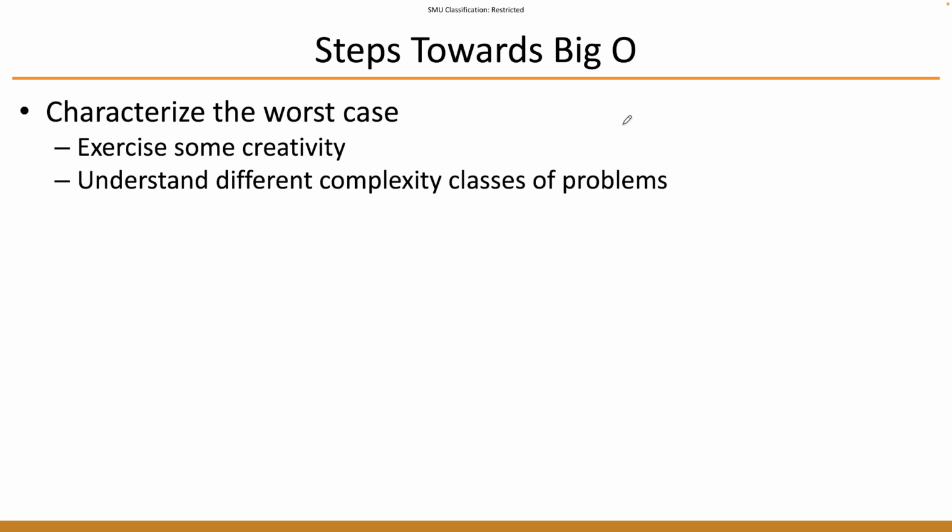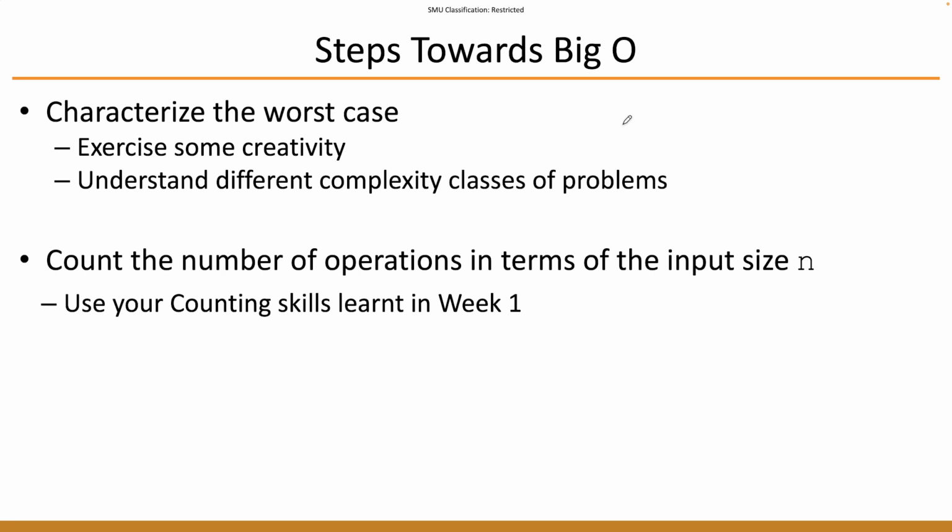Then you have to creatively come up with your estimation of the worst case scenario. You want to cover, in the worst case, how many operations will be induced. After you find the way to induce the worst case, then you do the count.